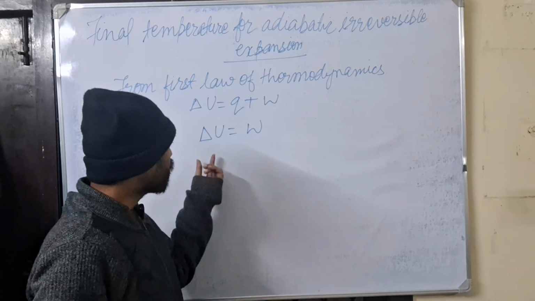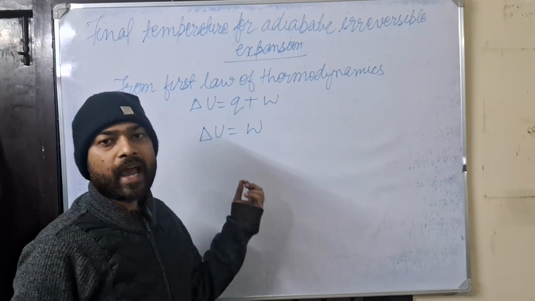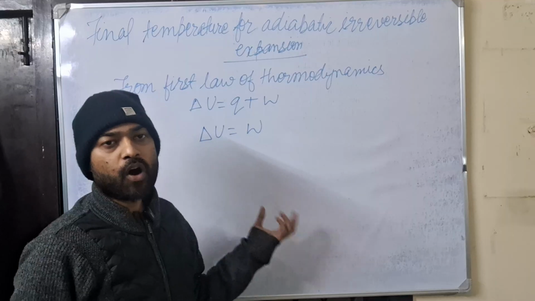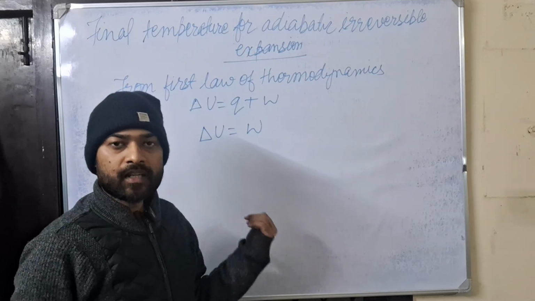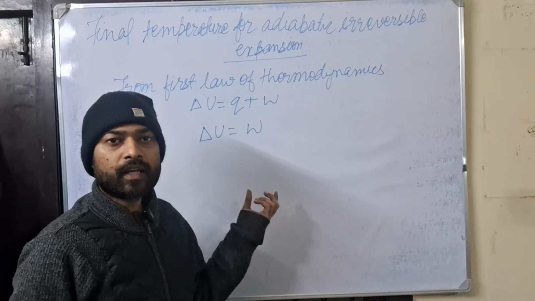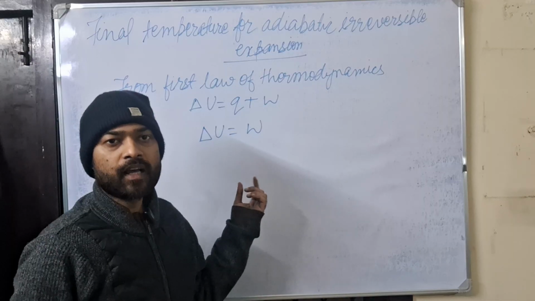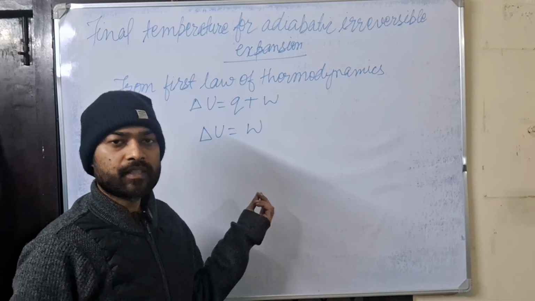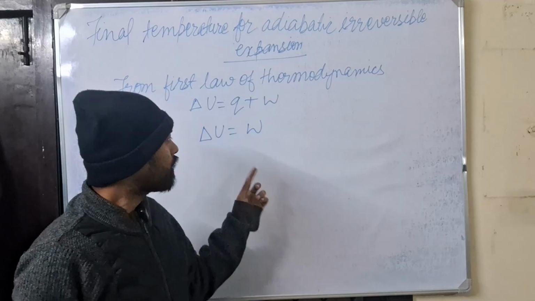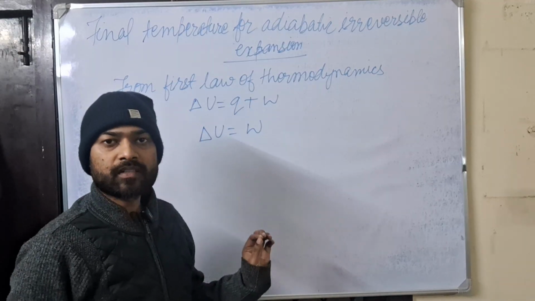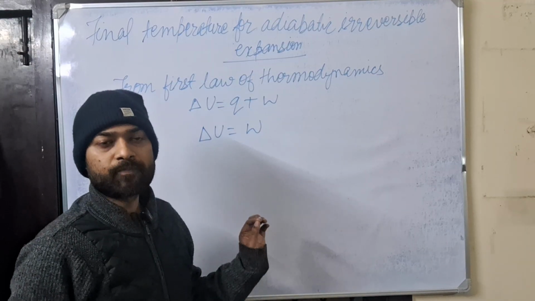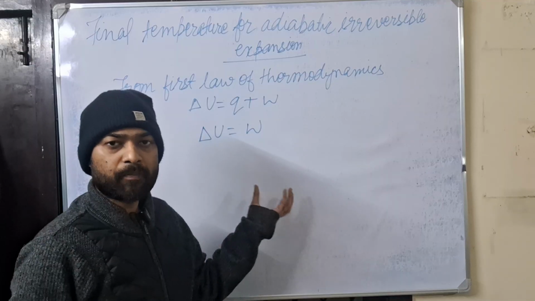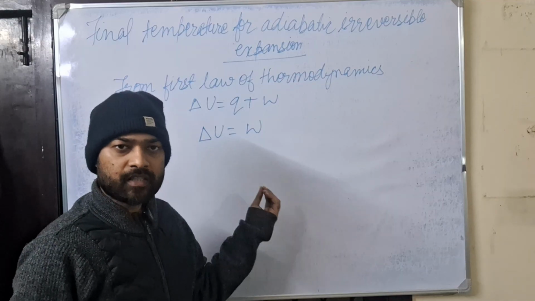And we know that delta U is equal to n Cv dT, where n is the number of moles, Cv is the heat capacity at constant volume, and delta T is the change in temperature. And W is minus P external into delta V, where P external is our external pressure and delta V is our change in volume.